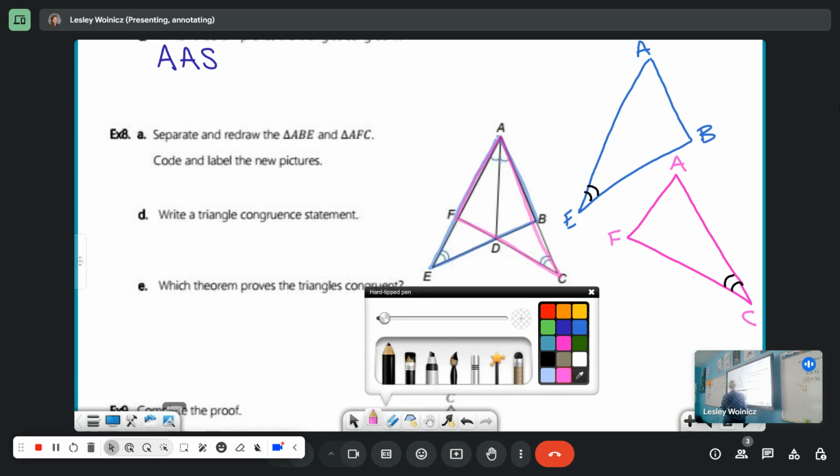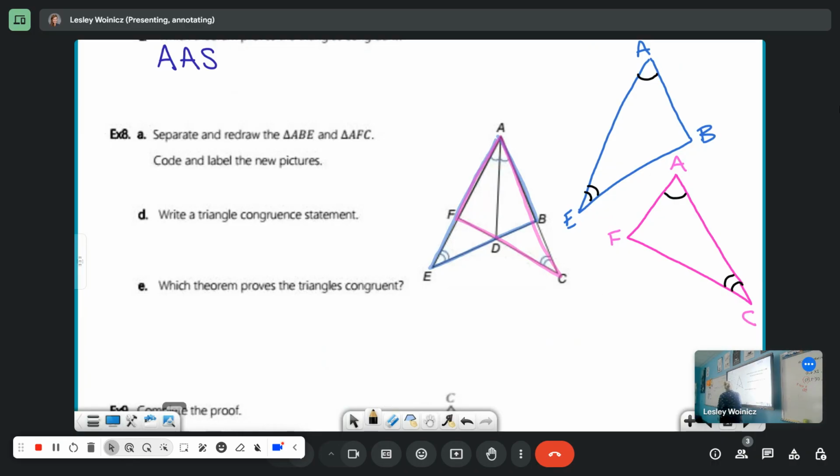Okay, I know that angle A is congruent to itself. I didn't give you guys enough information. There's not enough information. Do you guys see it? I need a side.